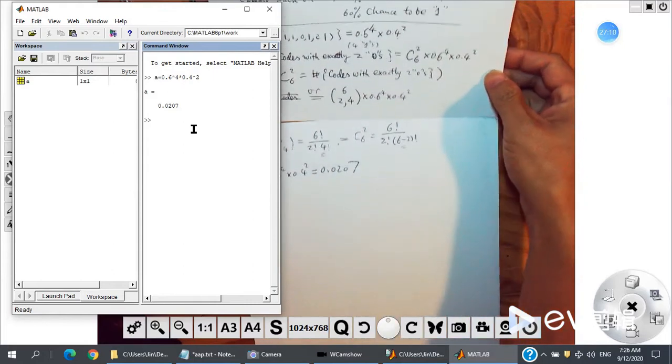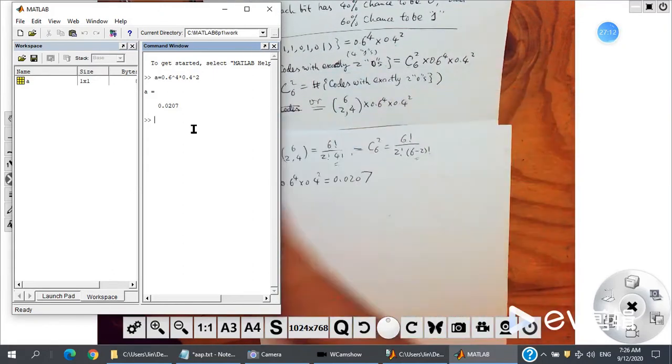6 choose 2, I think call it B, equal to 6 times 5 over 2 factorial, which is 2 times 1. It's just 15.